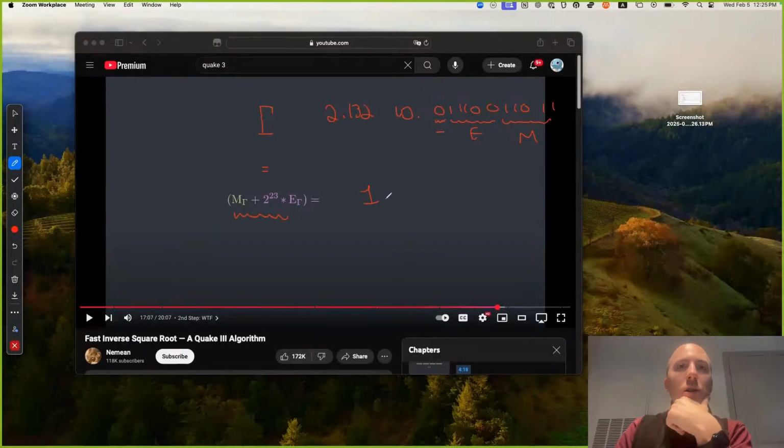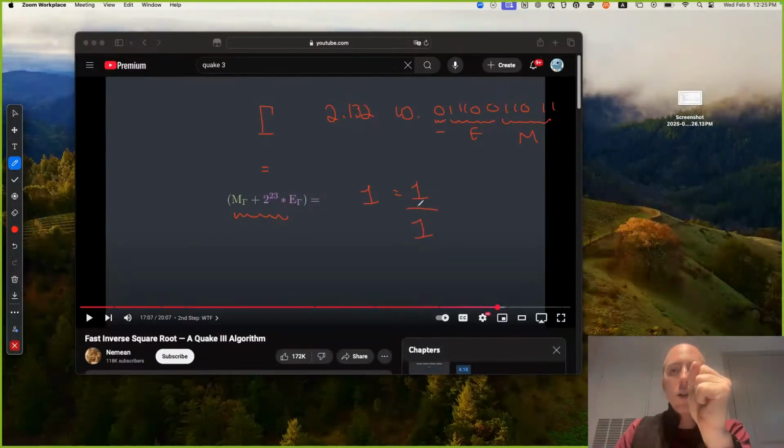If I say 1 is equal to 1/1, even though this is a different thing and it's encoded differently, it does still refer to the same thing.